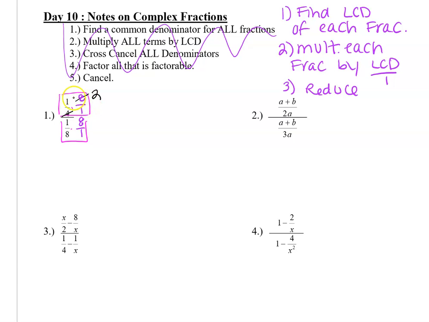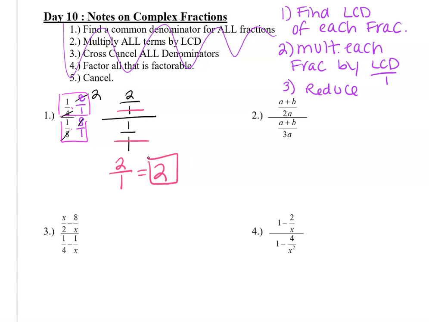And so then in the whole top box, that gives me 2 all over 1, all over. In the bottom box, the 8s would cancel or reduce to 1, so that leaves me with 1 over 1. And what I want you guys to notice is that if everything's over 1, you can ignore that. This goes to 2 over 1, which is just 2.